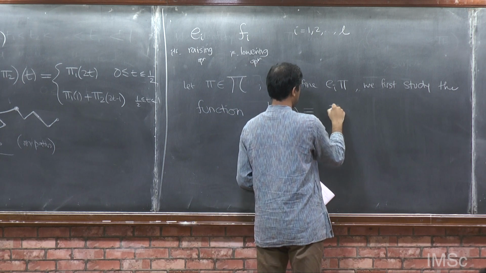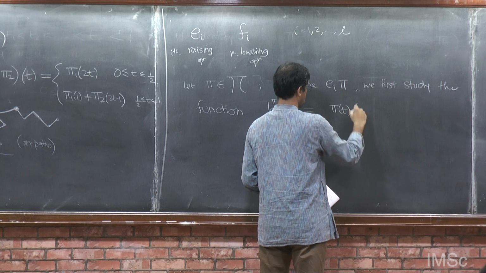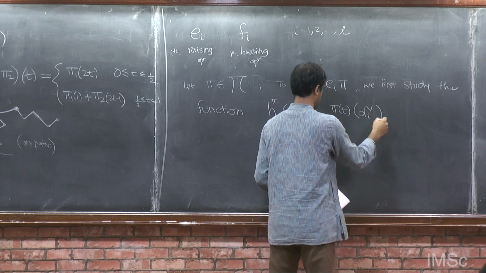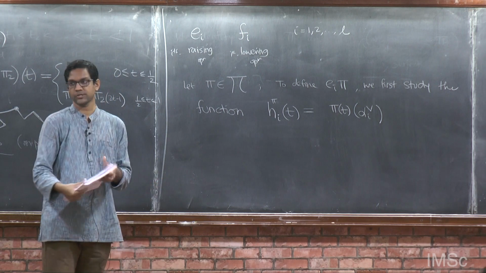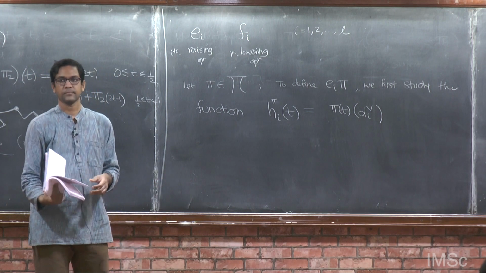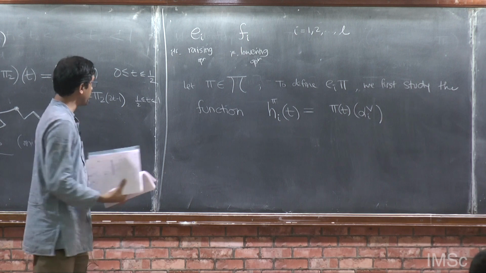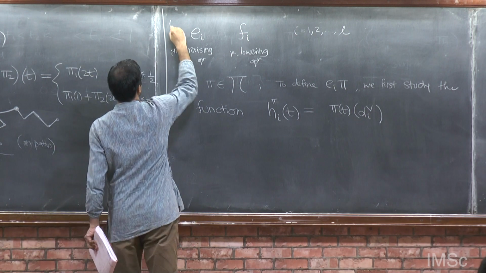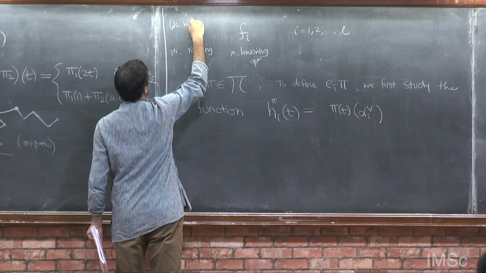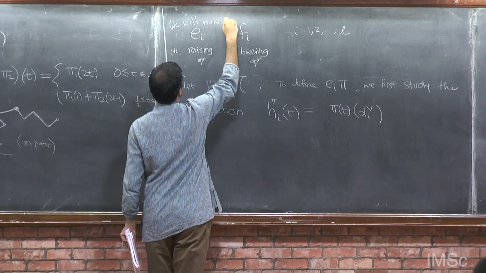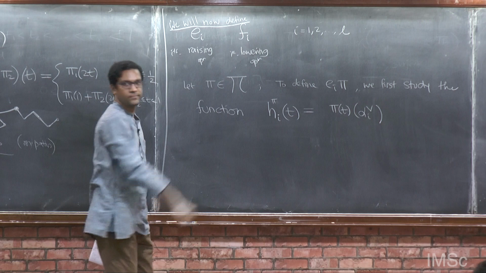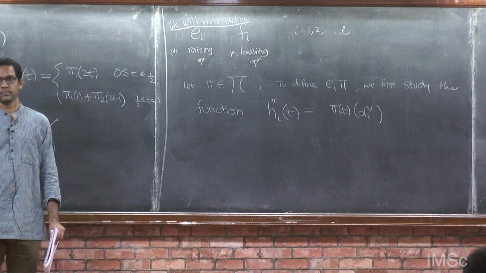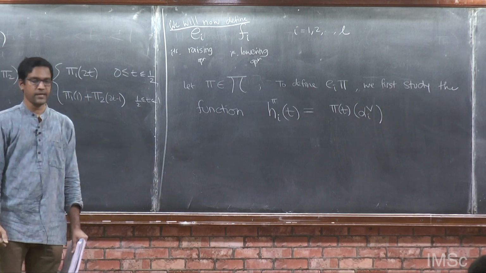It's just, I take my path pi of t and I evaluate it at alpha i check. There I'm going to define them. So I'm going to define the E_i and the F_i.